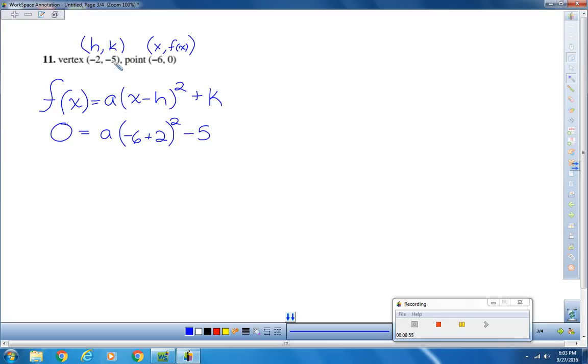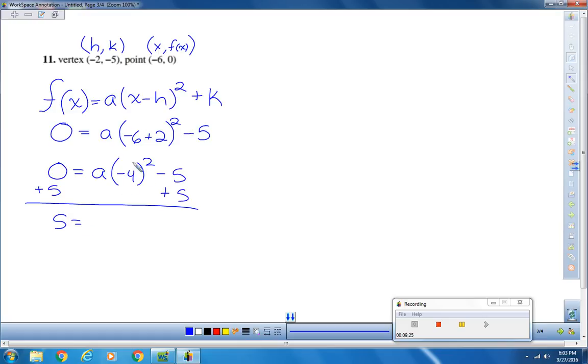And we have to be careful with our negative signs. That's really going to be where we make the most mistakes, is with the signs. So if we take our time, we can make sure we don't make mistakes. So I've got 0 is equal to a times a negative 4 squared minus 5. I'm going to add 5 to both sides. And while I add 5 to both sides, I'm going to go ahead and square the negative 4.